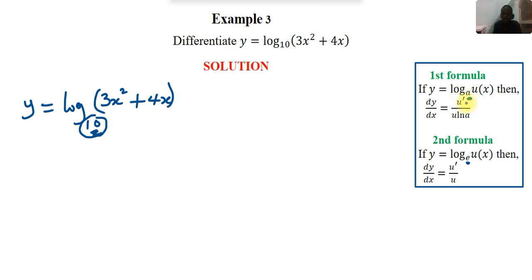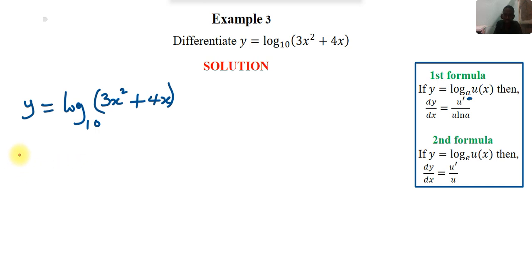So we'll make use of the first one, which is the general formula. All right, so we have y. If you make use of the first one, we identify what our u is and what our u prime is as well.